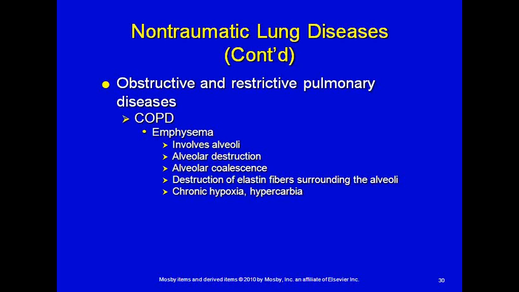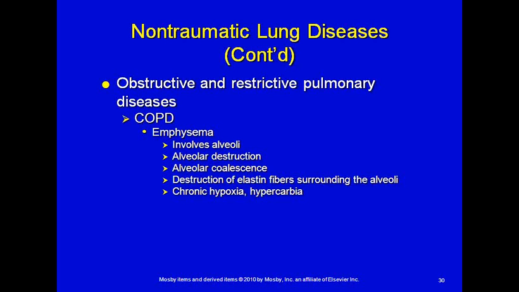and destruction of the elastin fibers surrounding the alveoli, and emphysema, much like bronchitis, is caused by chronic tobacco use as well as inhaled toxins, and leads to chronic hypoxia and hypercarbia.